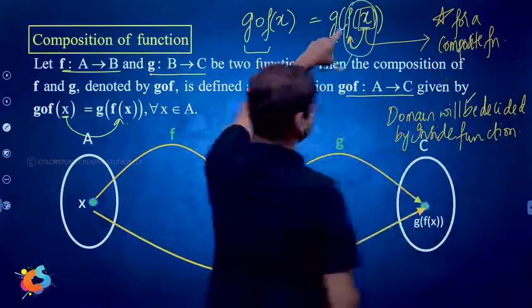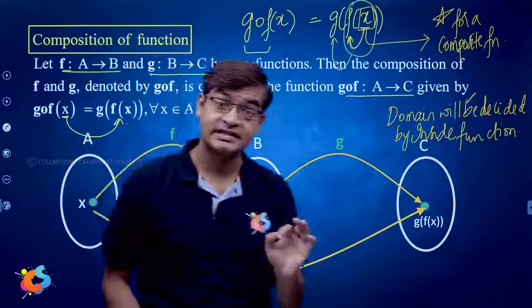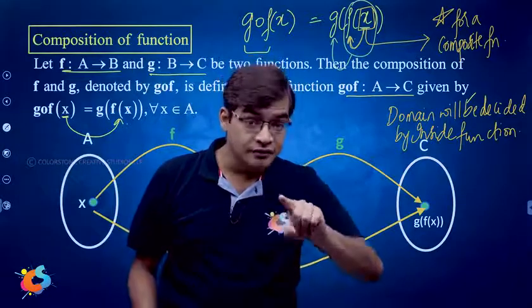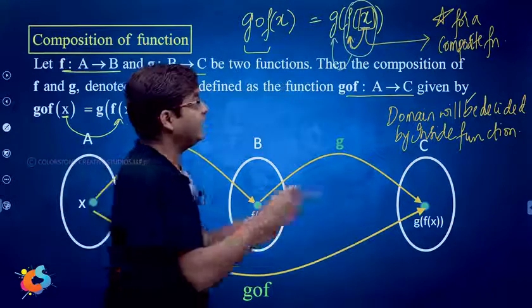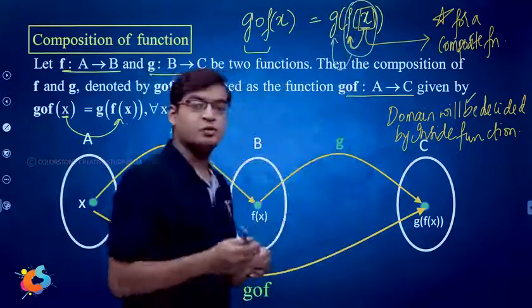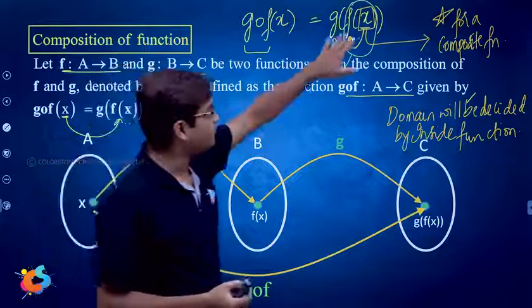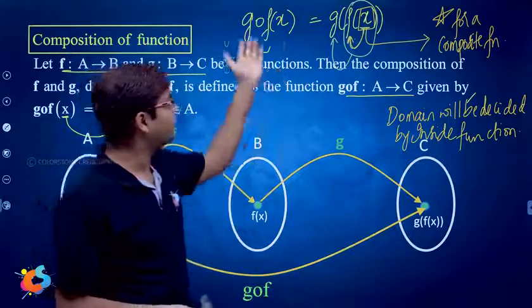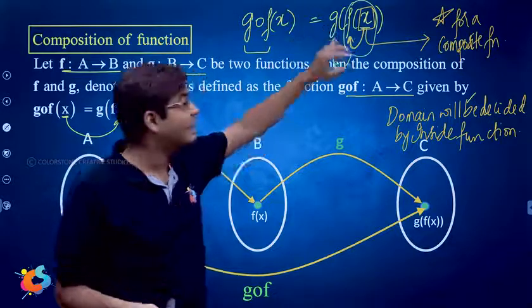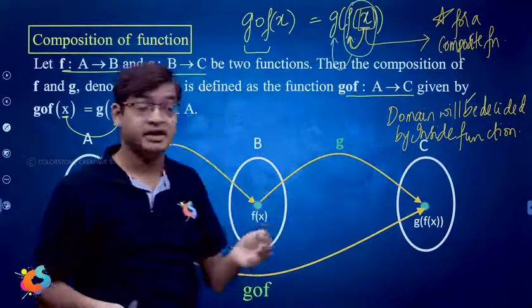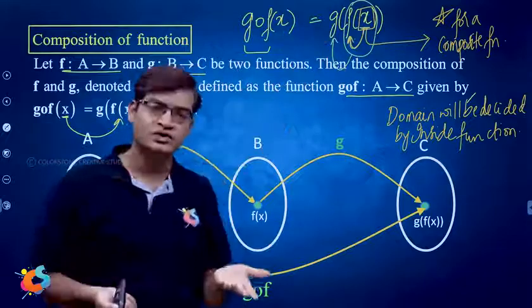Because first, the inside function is taking x, first that should be defined. If f of x is defined, then f of x will be taken as an input for g. So if f of x itself is not defined, then what will be the output for this whole function? There will not be any output, isn't it? If the inside function is not defined, then what will be the input for the outside function?